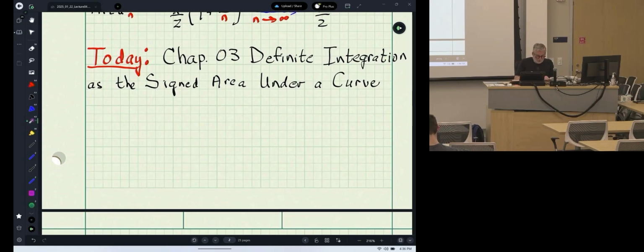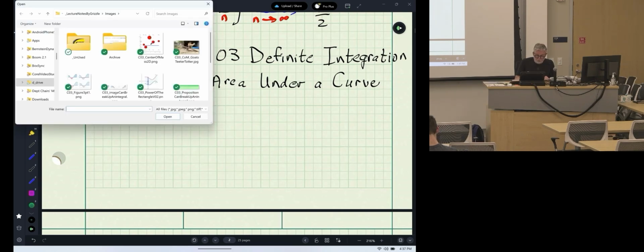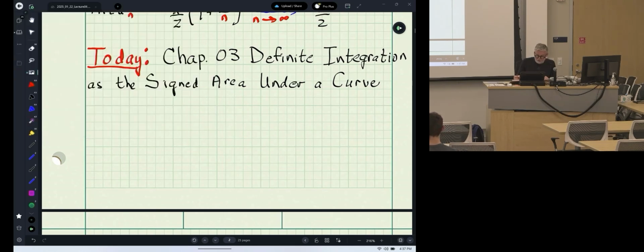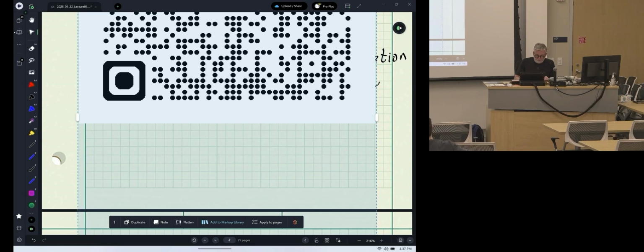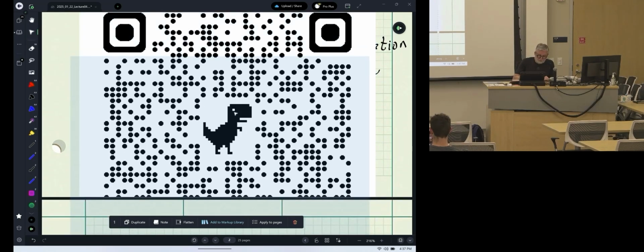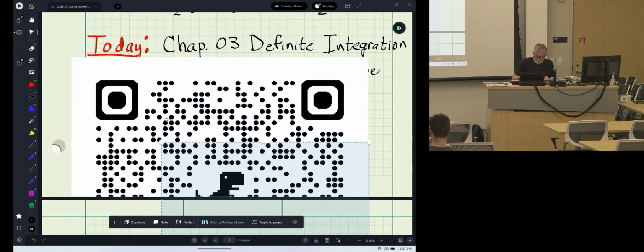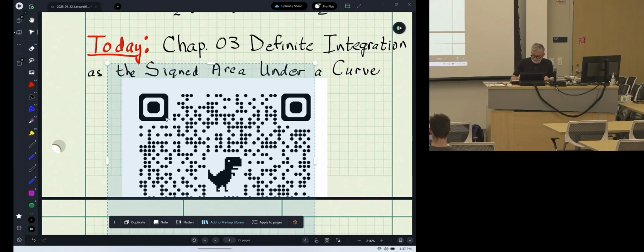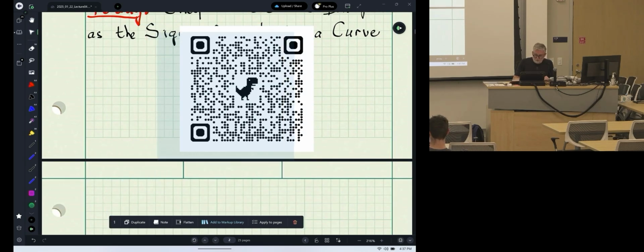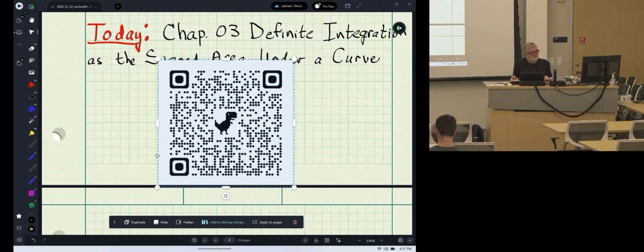So today, let's start right away, get the QR code out of the way. Everybody got it? All of our online folks got it, Max? I don't see anybody online.